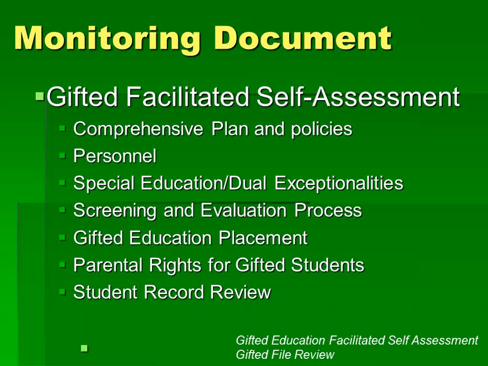The way we determine whether a child is placed appropriately is we look at those present levels of educational performance. That should give us a snapshot of what the child's strengths are. It should also give us the instructional level of that child.